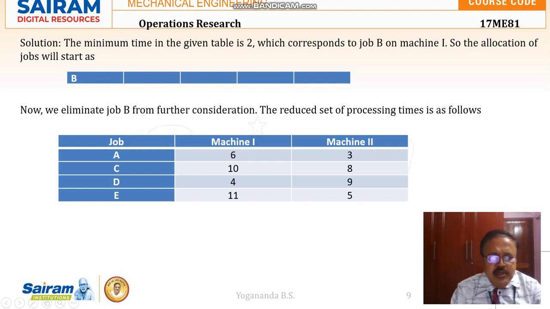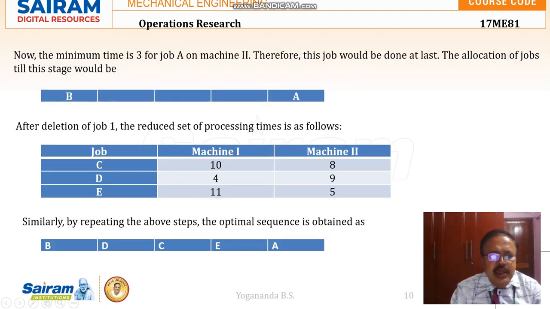That is 3 here, for machine 2. That means if it is on machine 2, I want to keep the activity consuming less time at the end. Since 3 is on machine 2 for job A, job A will be positioned at the end.